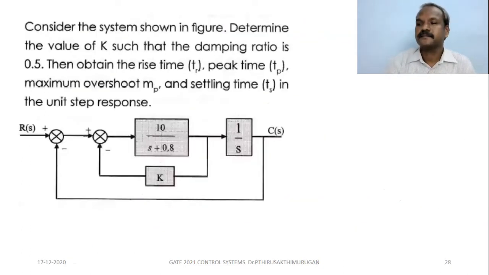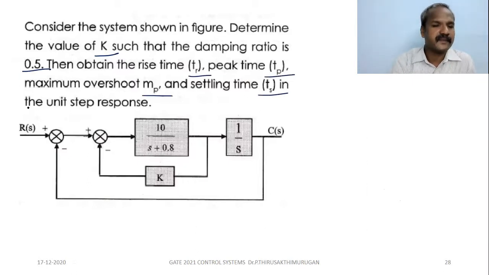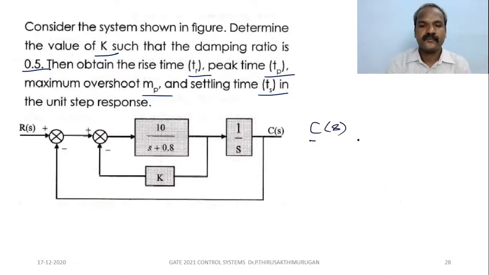Next is, consider the system shown in the figure. Determine the value of K such that the damping ratio is 0.5. Obtain rise time, peak time, maximum overshoot, and settling time for the unit step response. This is very similar, very easy. First, find C of S by R of S by reducing the block using the block reduction technique.